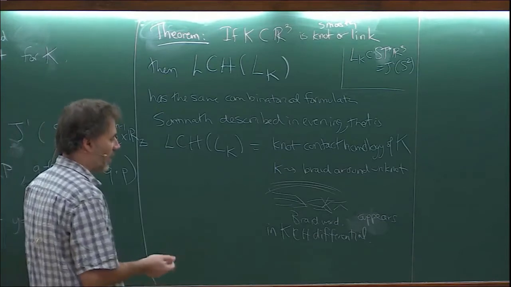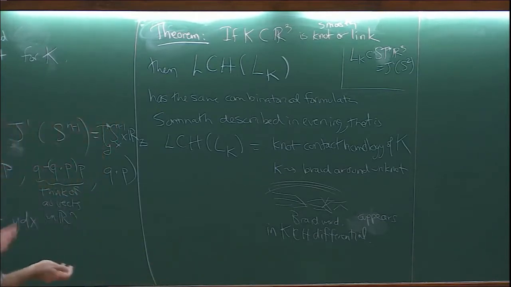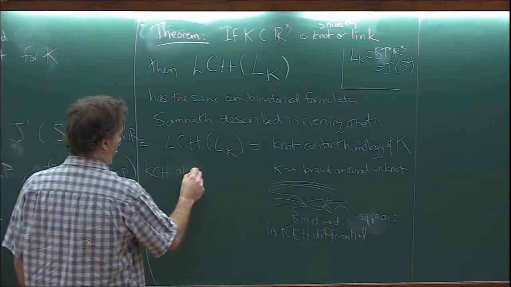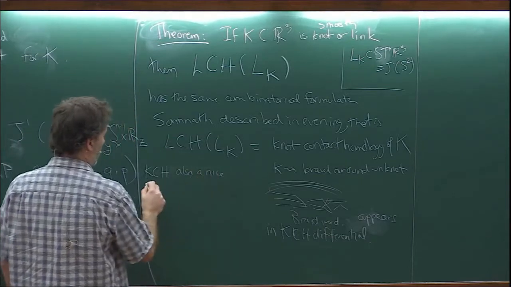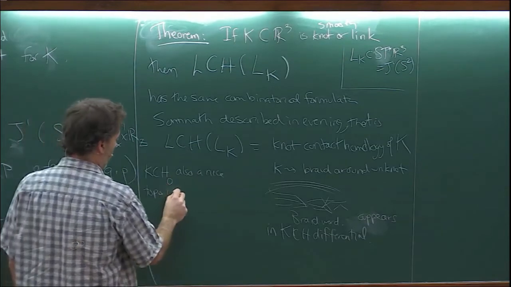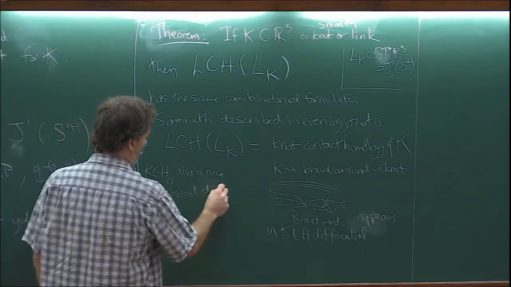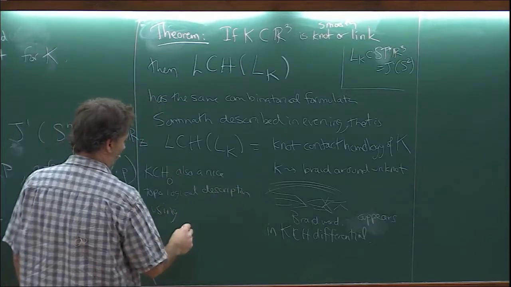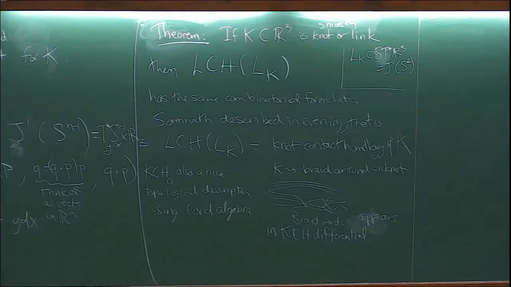There's also, at the very end, Somnath talked about a kind of topological version to represent at least the degree zero part of this. So KCH in degree 0 also has a nice topological description using Ng's chord algebra, which looks a lot like the knot complement, but it isn't that.